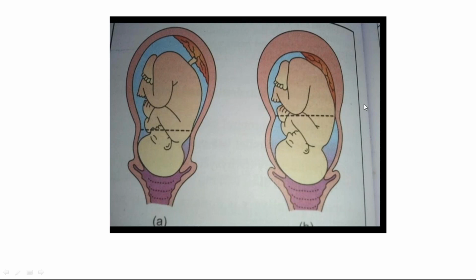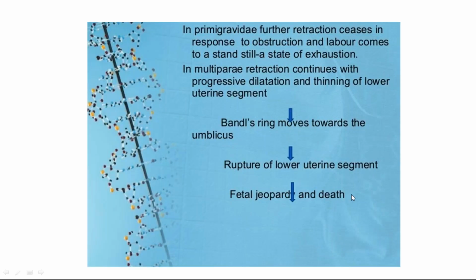It won't be exactly in the center, a circle like this. It will usually be oblique because of dextrorotation of the uterus, and the fundus also doesn't enlarge uniformly in pregnancy. So one cornu may enlarge more than the other. So you find this ring stretching from one round ligament to the other round ligament in an oblique manner, not just like this. So this is a pathological retraction ring.